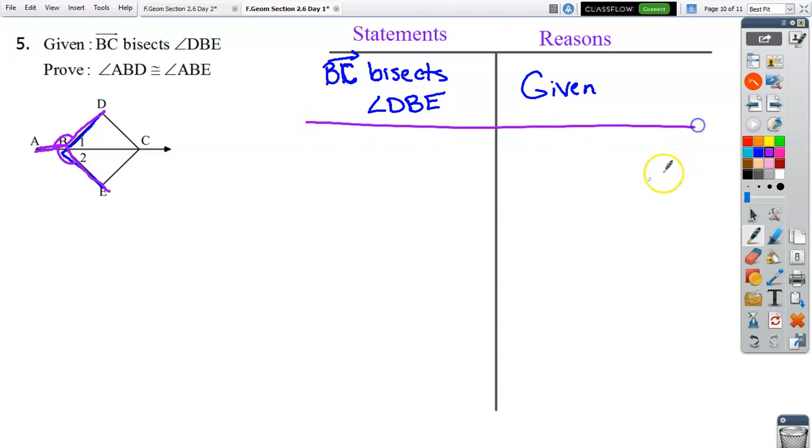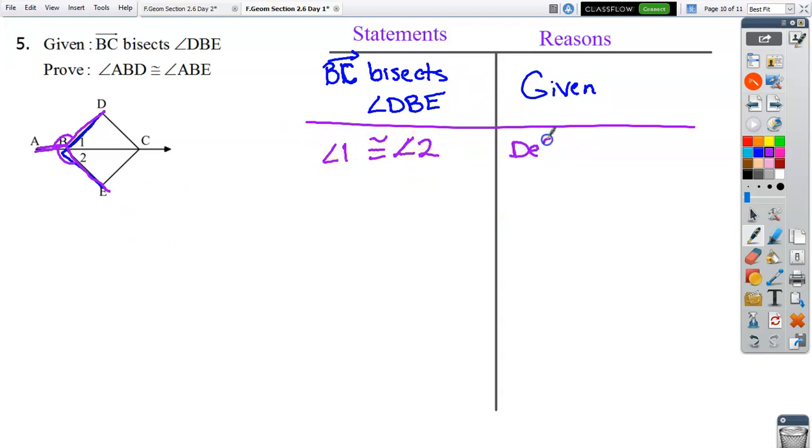Okay, let's get started. Well, we know that BC bisects angle DBE, so we know that angle 1 is congruent to angle 2, because those two angles make up DBE, and a bisector cuts them in half. So these were cut perfectly in half into two congruent parts.